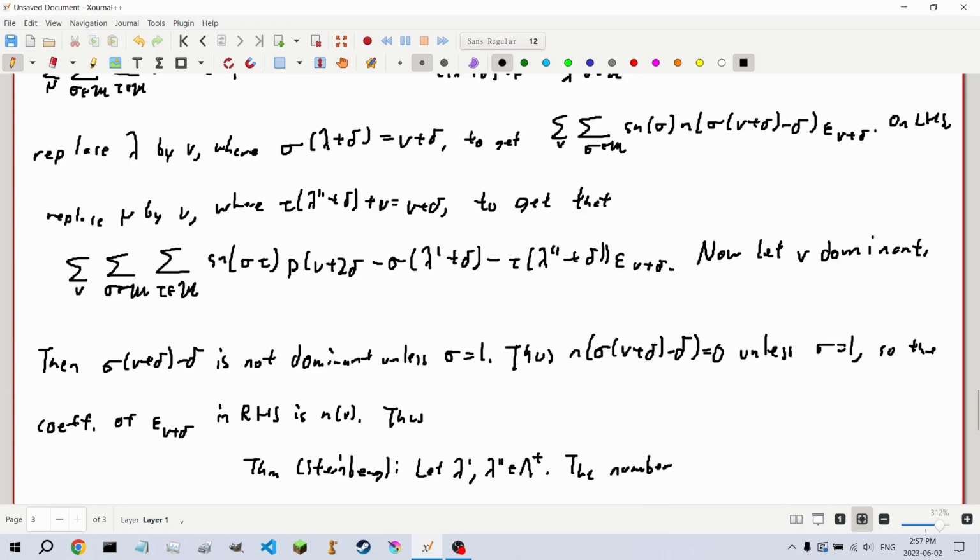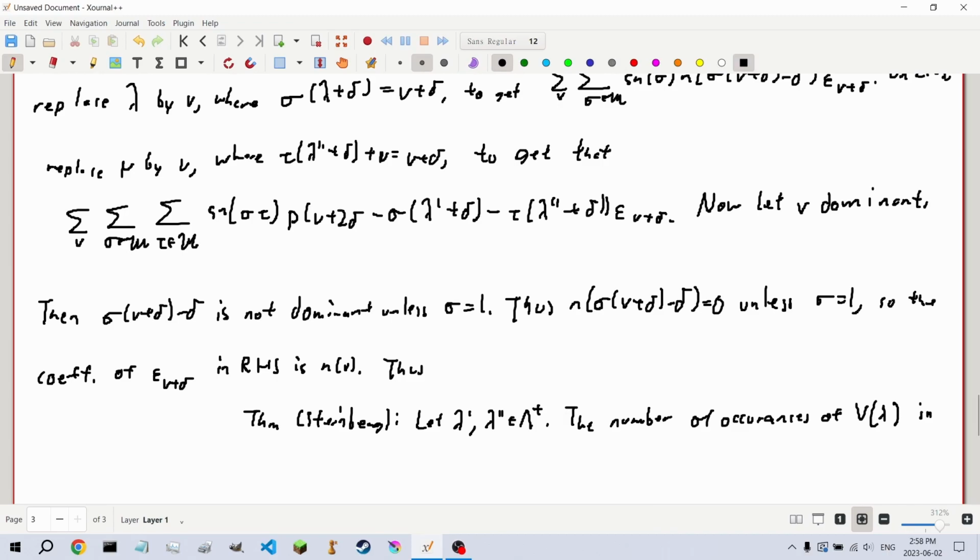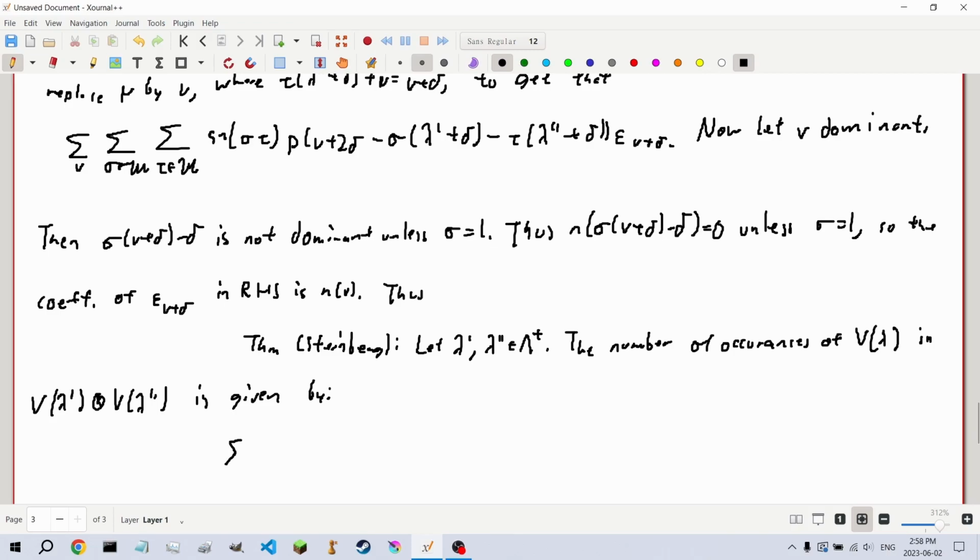Then the number of occurrences of V of lambda, for lambda, of course, in lambda plus, in the tensor product of V lambda prime tensor V lambda double prime is given by summing over sigma and tau in the Weyl group, the sign of their composition times p of lambda plus 2 times delta minus sigma of lambda prime plus delta minus tau of lambda double prime plus delta.